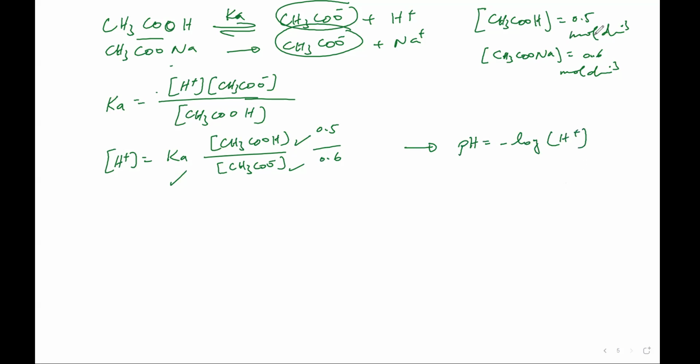Okay, so what if they didn't give you the concentrations? What if they give you the volume and the number of moles? So here, if in another problem they didn't give you the concentration right away, they said that they started with, for example, ethanoic acid having a concentration equal to, for example, 0.1 mole per decimeter cube, and a volume equal to, for example, 25 centimeter cube.